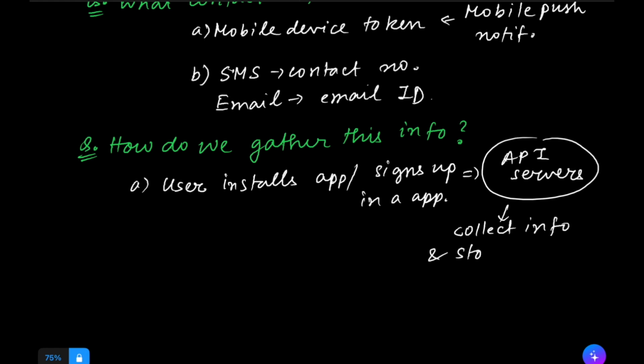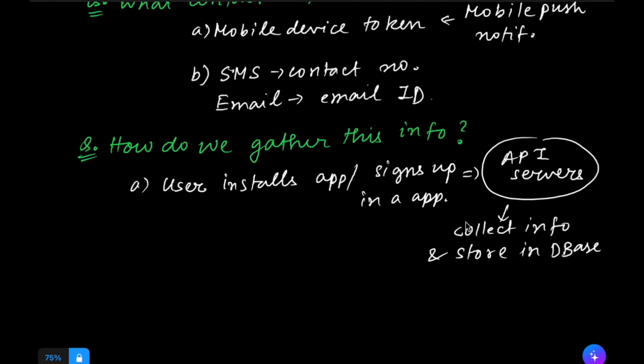Suppose I have installed an app and I am signing up or logging in for the first time. I need to register myself, and while registering I provide my information, let's say my email ID and my contact information. The API servers collect that information and store it in the database.